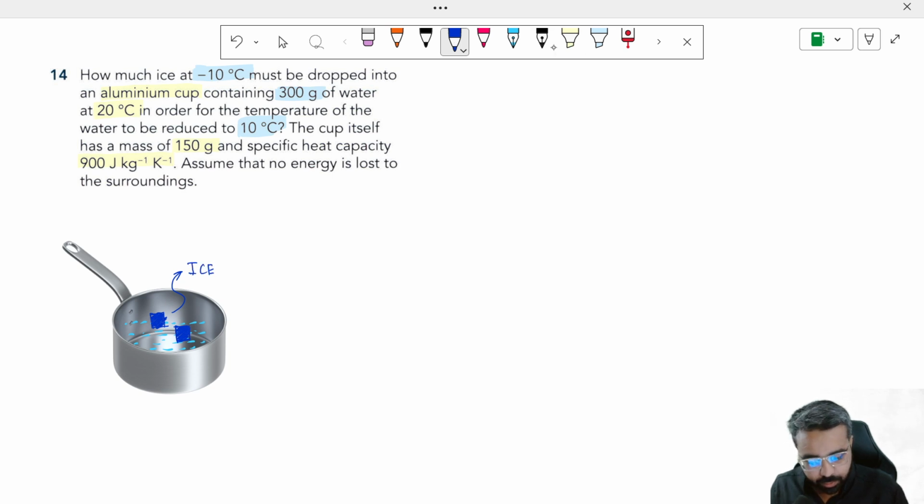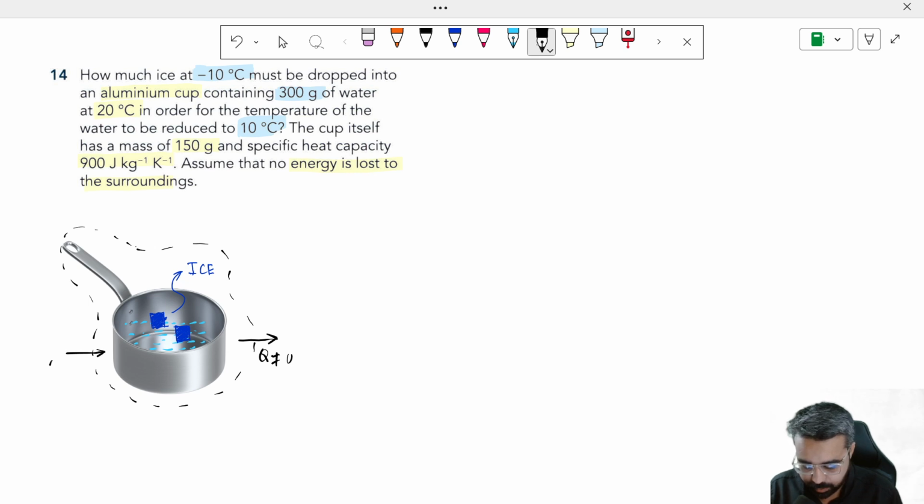Collectively, don't you think that this system is a closed system, because they mention here that no energy is lost to the surroundings. So when there's no energy going out of the system, and no energy going into the system, we can say the total change in the heat of the system is zero.